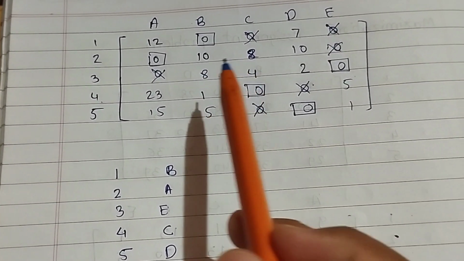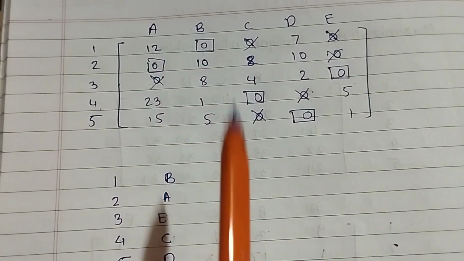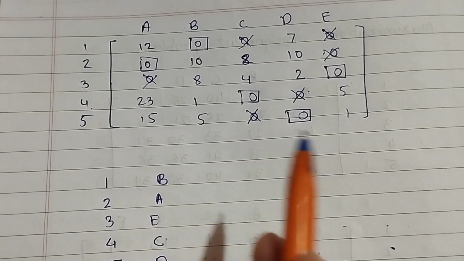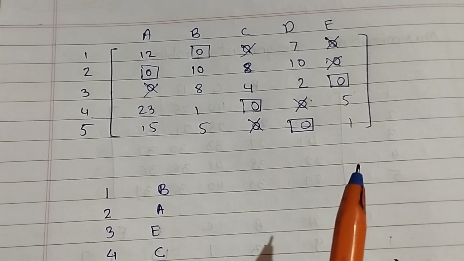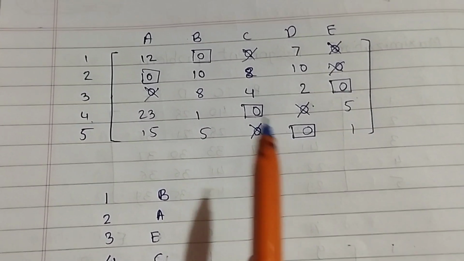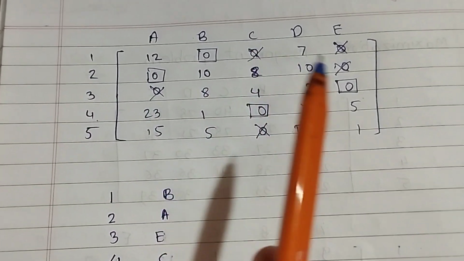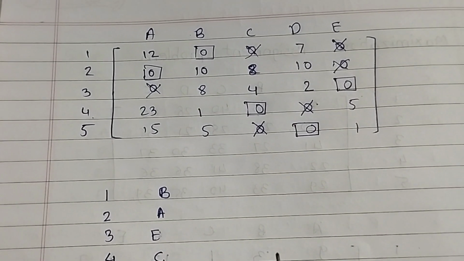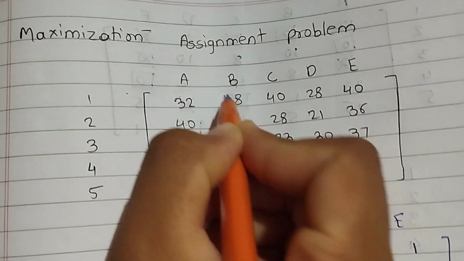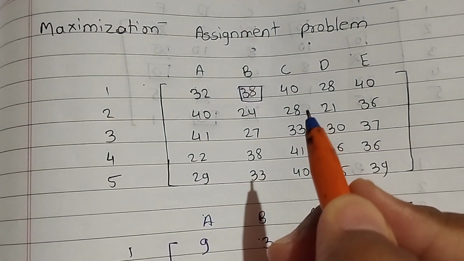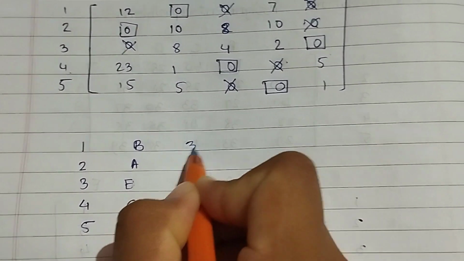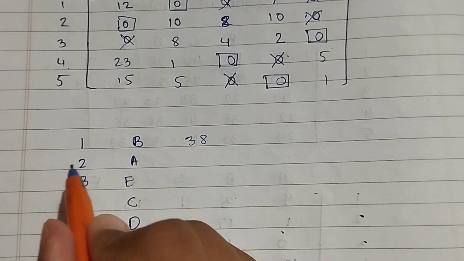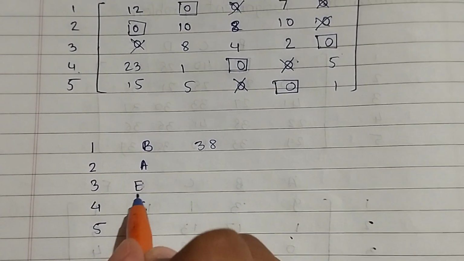So now we write all the costs, but the costs are taken from the original cost matrix. So for 1 and B, the value we check from the original matrix is 38. So we write here 38. Now 2A and 3E.